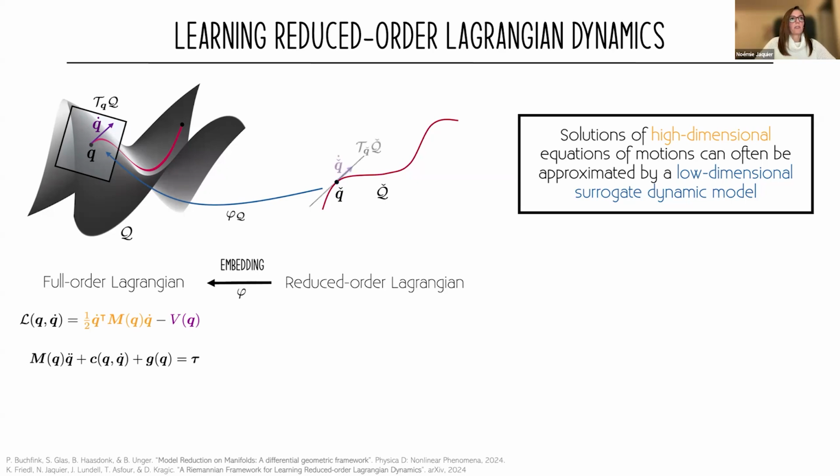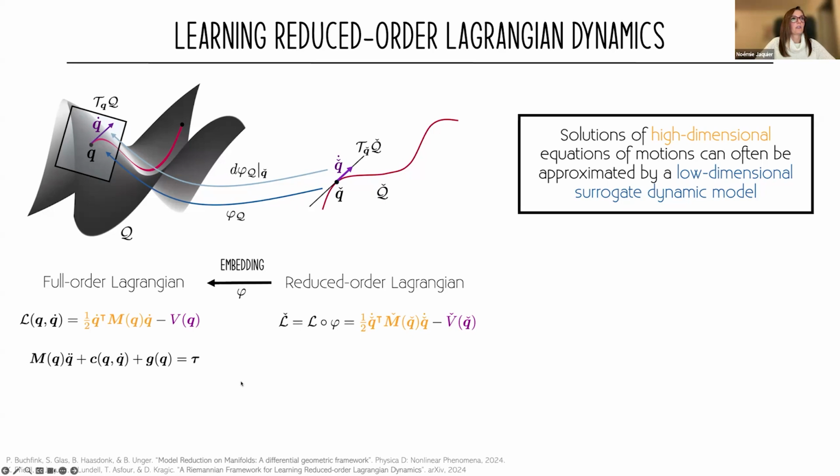What that means is that the low dimensional system is also characterized by Lagrangian dynamics through this embedding. It also means that we can map the position in the reduced order space to the position in the high dimensional space, and the velocities as well, through this embedding.